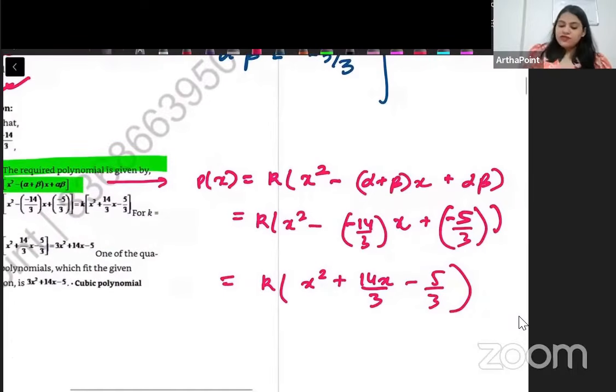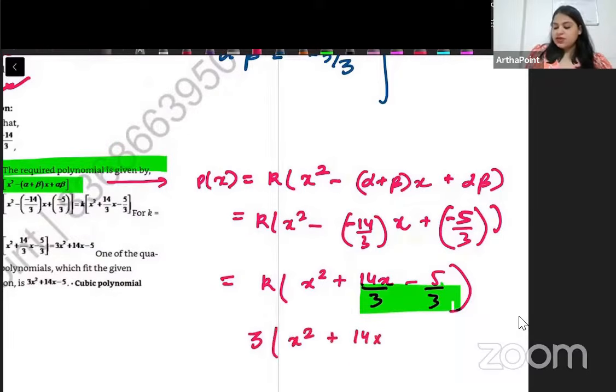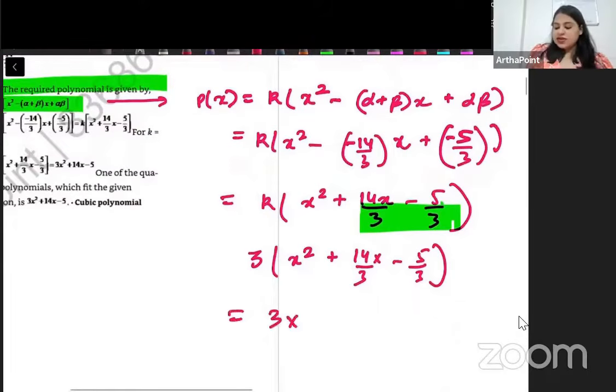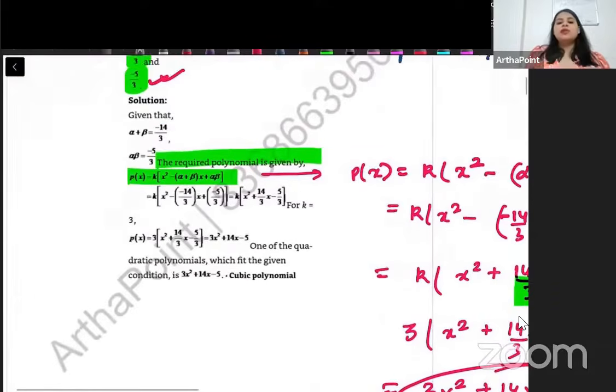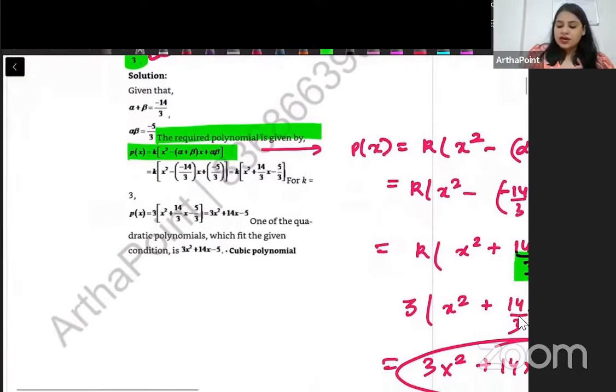If the denominator has 3 here, I will take k as 3. So it will be 3 x square plus 14x minus 5. So this will be my required polynomial.